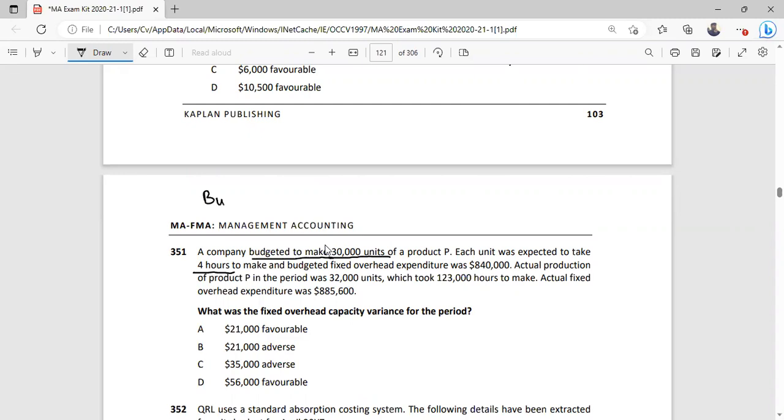So budgeted production hours is equal to 30,000 units times 4. It is 120,000 hours.